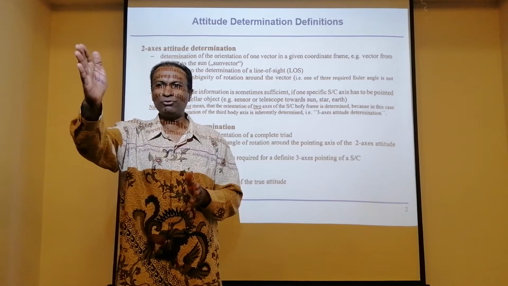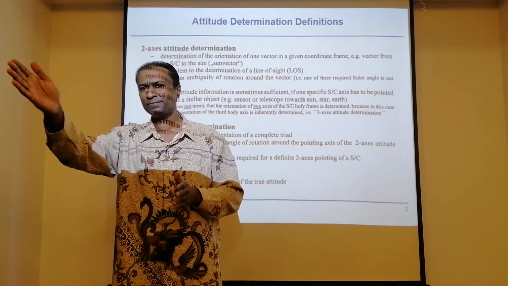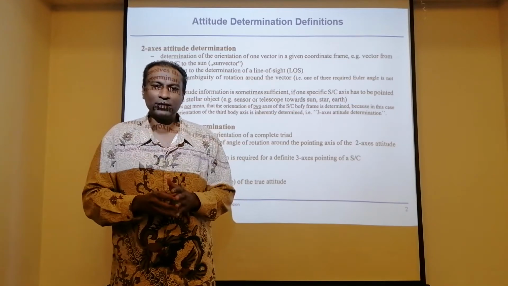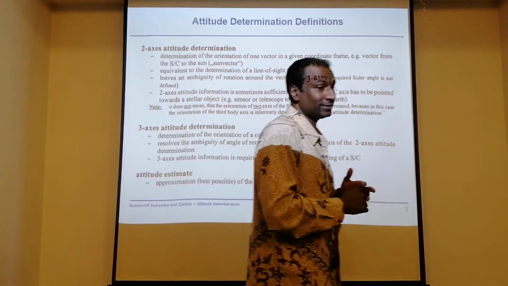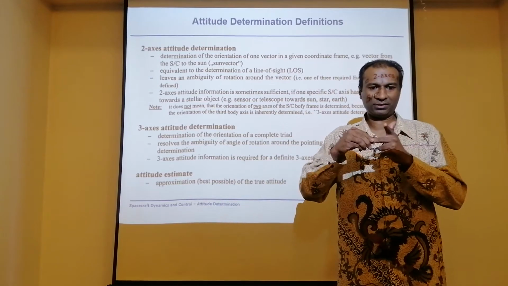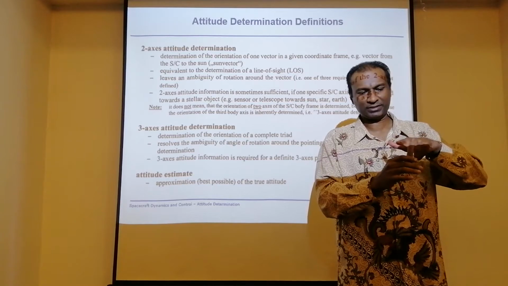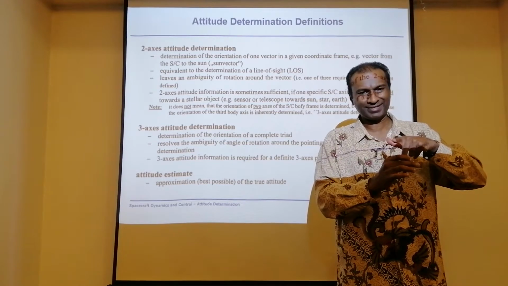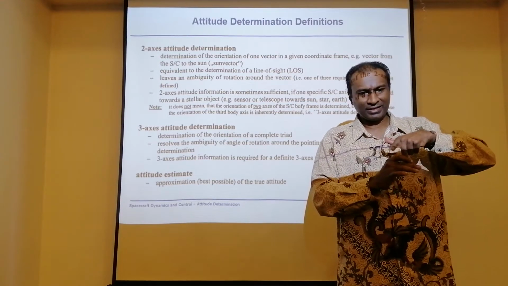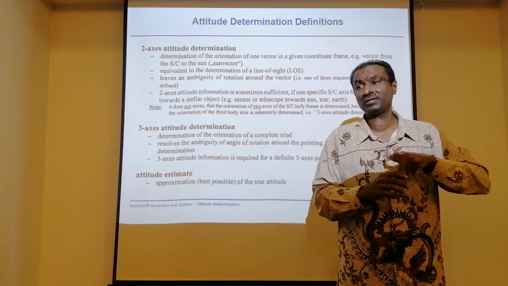Now, when your line of sight is tilted, that means the other two axes are affected. Assume this is yaw, and assume that it has been tilted. Practically, this tilting is going to affect the other two axes because they are orthogonal.